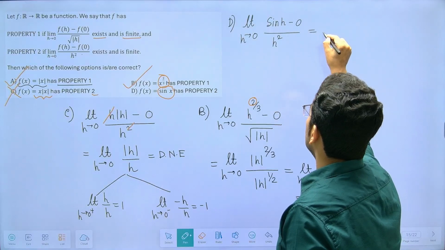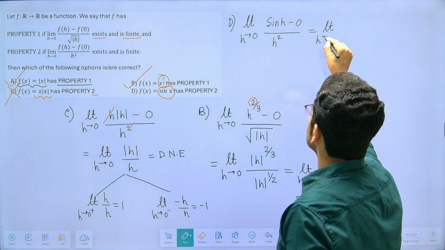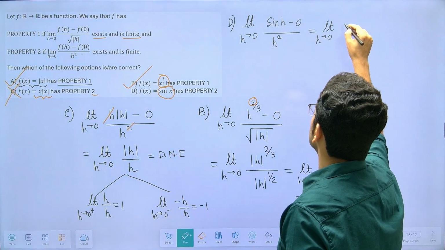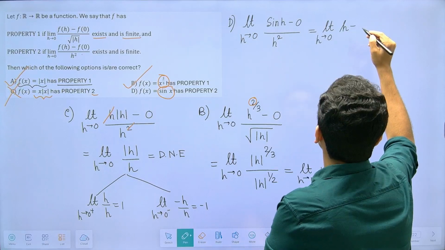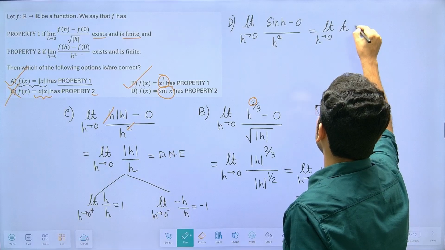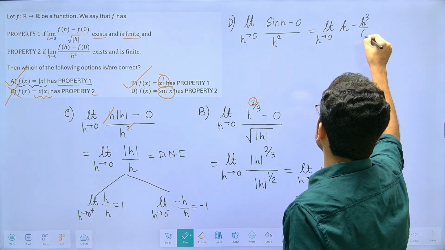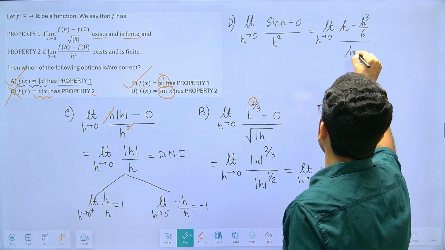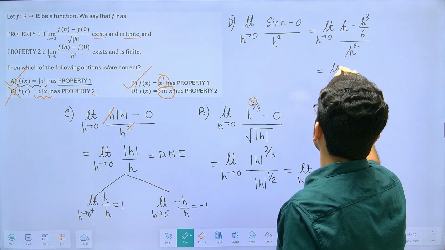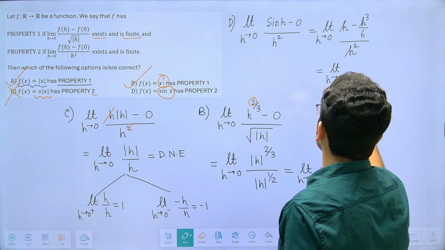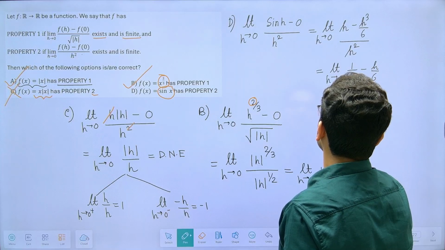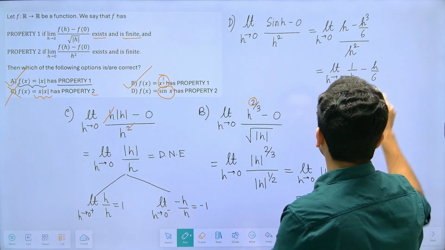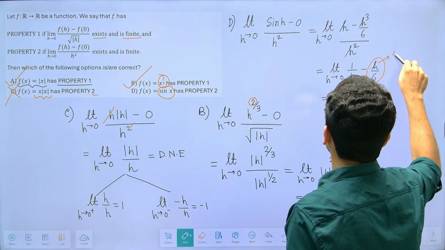As h is tending to 0, sin h can be written as h only. Okay, we can write it as h minus h cube by 6, taking one more term, divided by h square. So this is becoming limit h tends to 0 of 1 by h minus h by 6. So clearly you can see this term is tending to 0, but 1 by h.